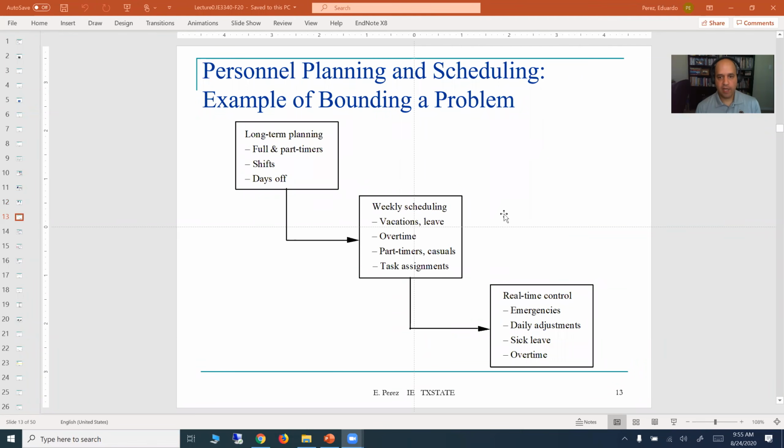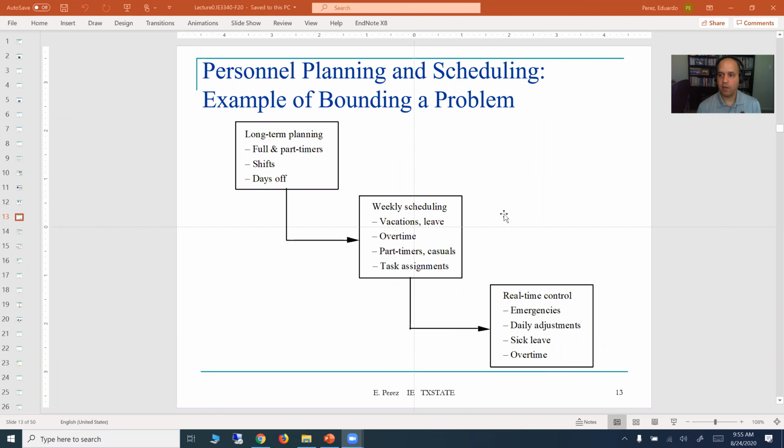So personal planning and scheduling. This is an example of how to bound the problem. So we can start from the top, long-term planning, defining who are the full and part-timers who have more experience. Typically, seniority is important. So if you're going to provide some type of preference in your schedule, you go by seniority.